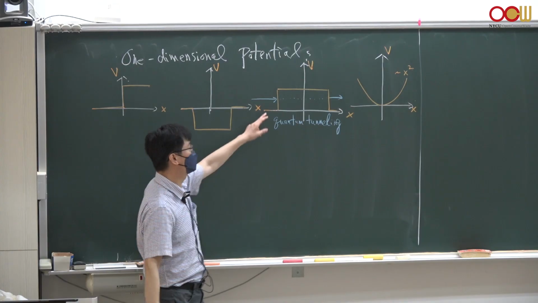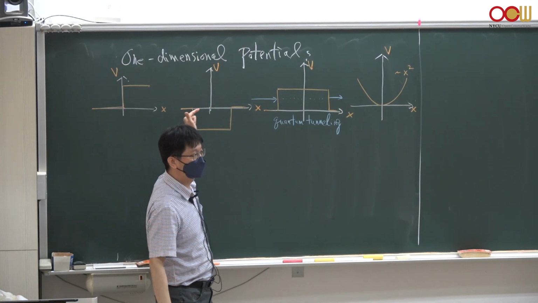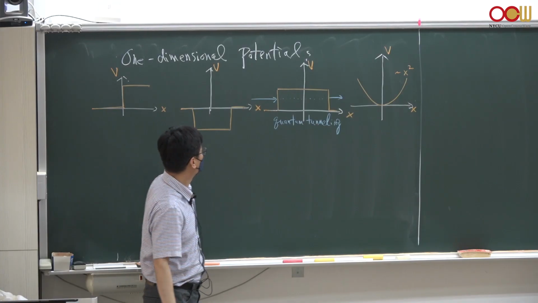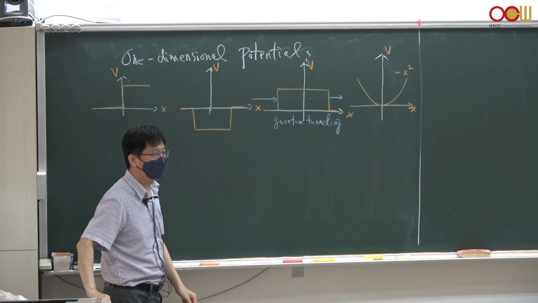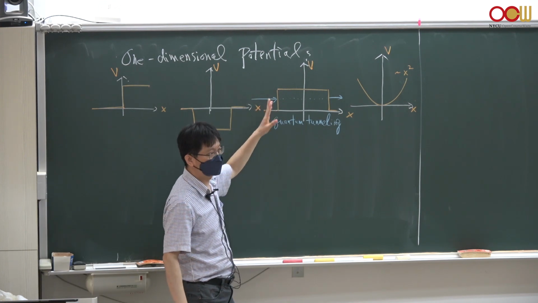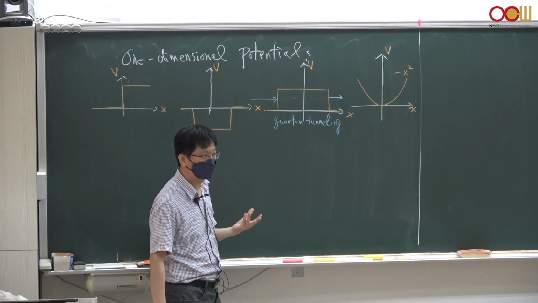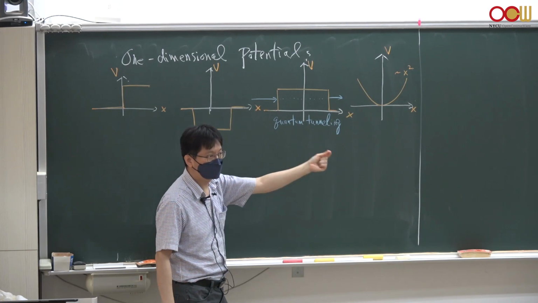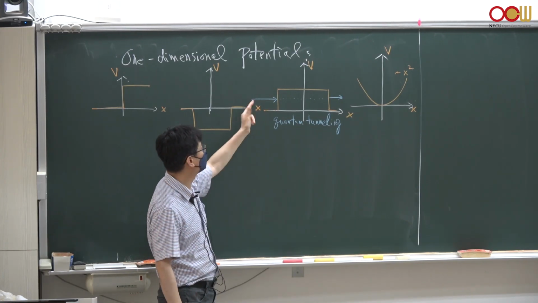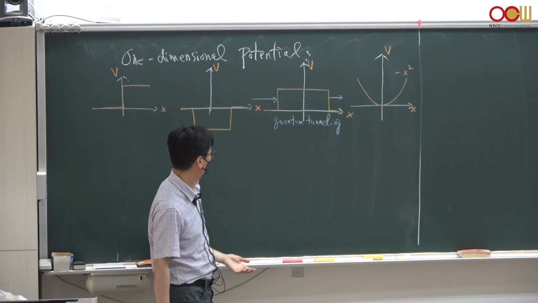Meaning, if we have a potential bump like this, and I could actually send a particle to hit this potential barrier, classically, if we have such a potential that has a higher energy than your particle energy, then the particle can only bounce back, and the particle can never tunnel through this barrier.